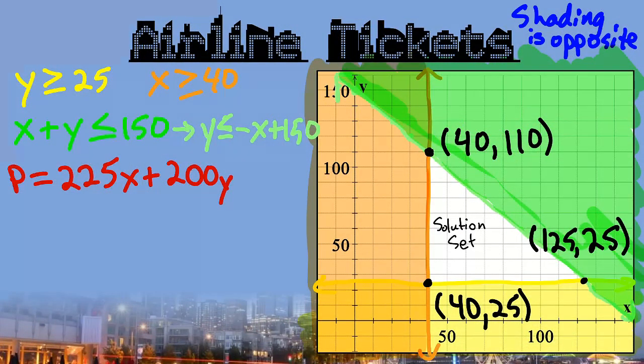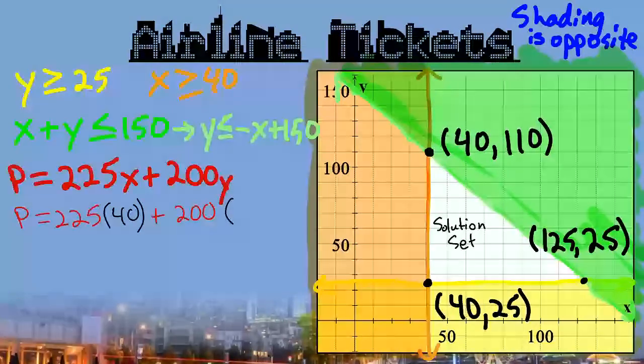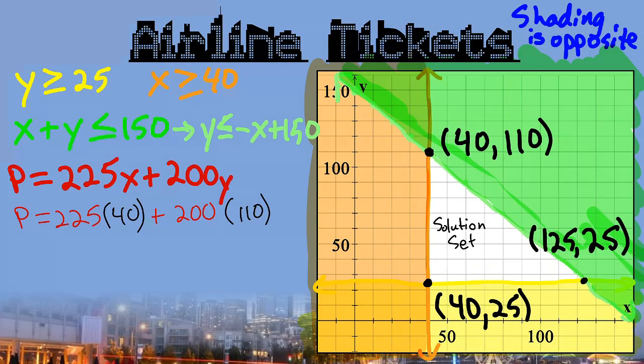So let's look at profit is equal to 225 times 40 plus 200 times 110. That's going to be the first one we look at. And so I'm going to pull up a calculator here.